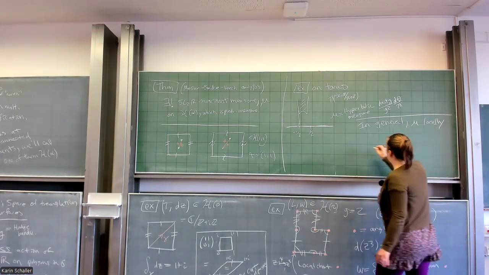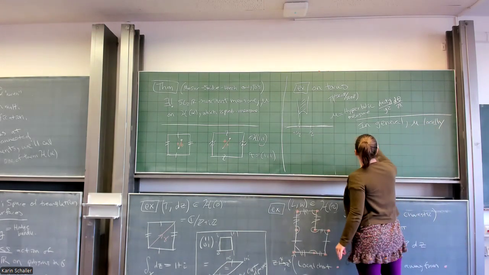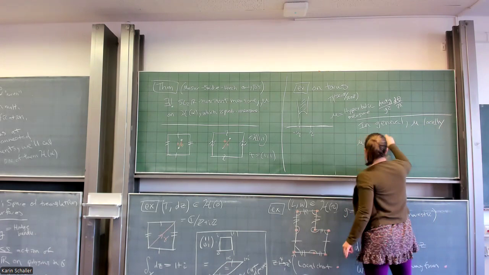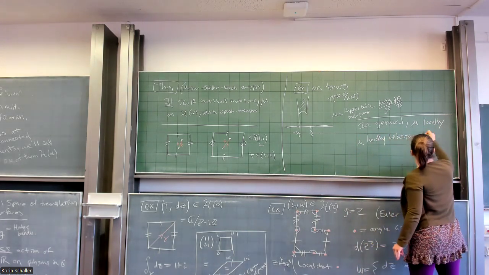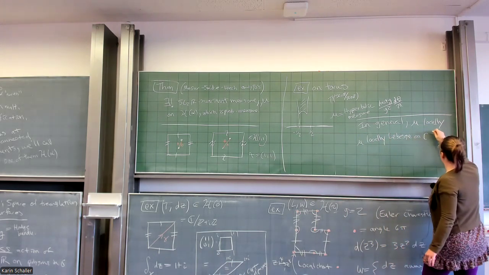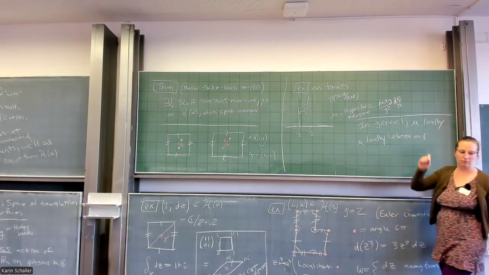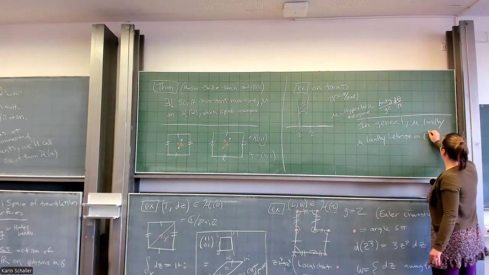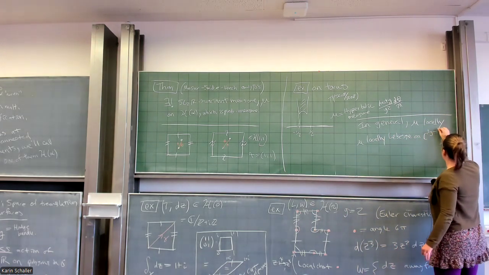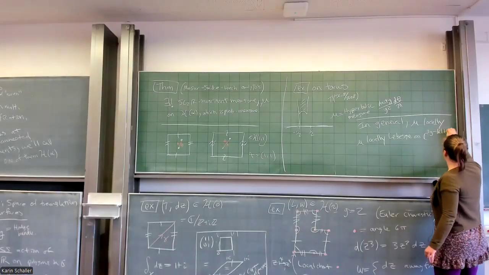And the way we can talk about mu locally is that mu is locally the Lebesgue measure on C to the 2g minus the length of alpha plus 1.